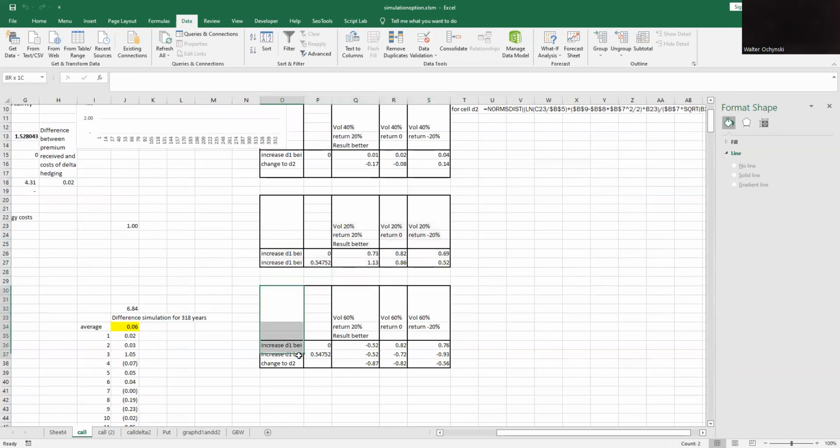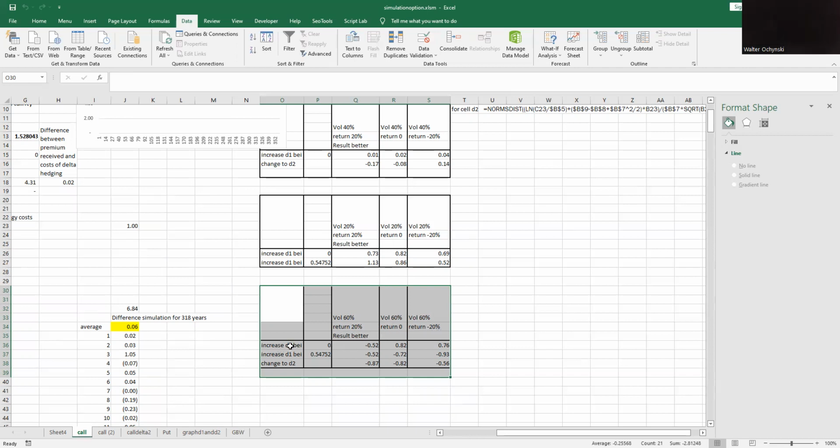But how will the results look if the actual volatility is higher than what we have assumed? We have assumed in our model 40% volatility. Now we simulate the price changes with a volatility of 60%, and we have three cases: return 20, return 0, return minus 20.